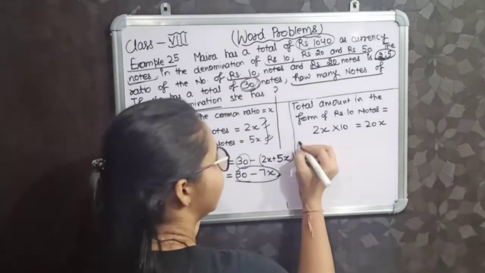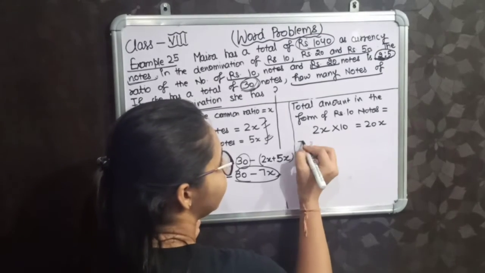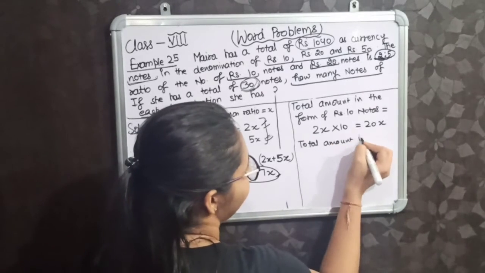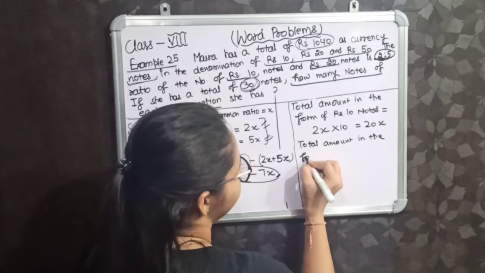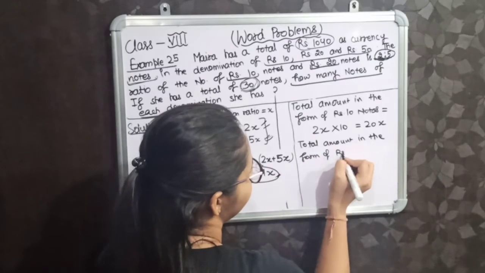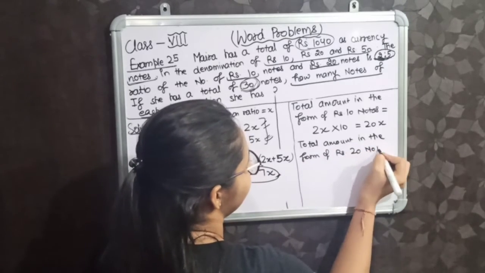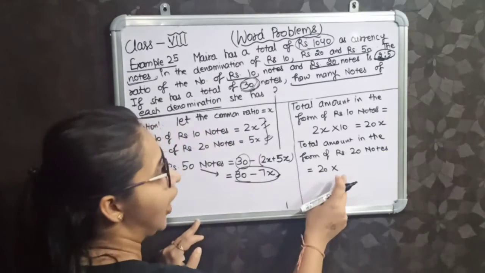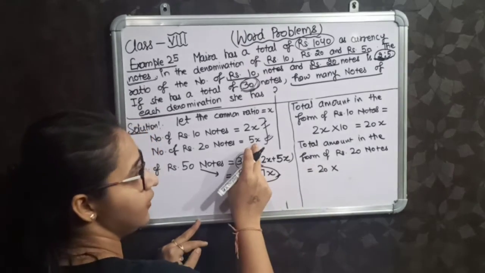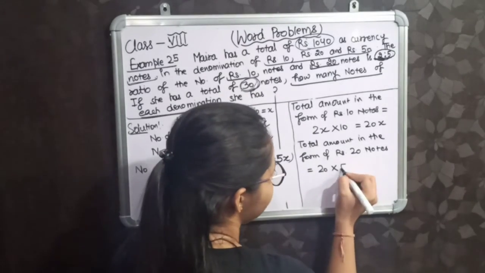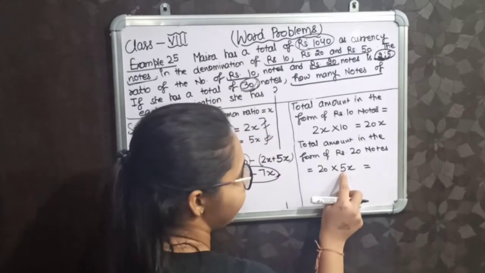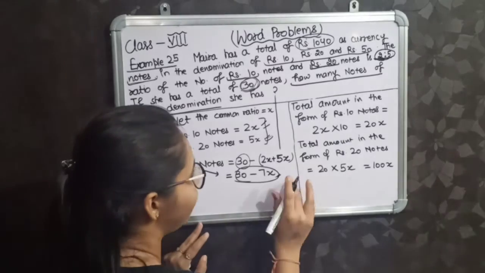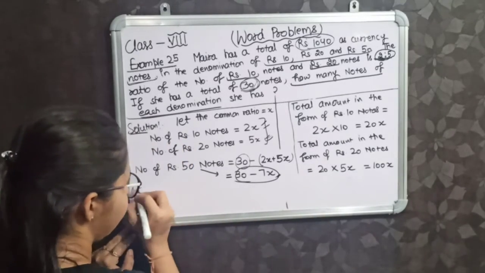Same, the total amount in the form of rupees 20 notes is equal to 20 multiplied by how many notes of rupees 20? 5x. So it will give you 20 multiplied by 5, which is 100x. Now the total amount I am writing here.